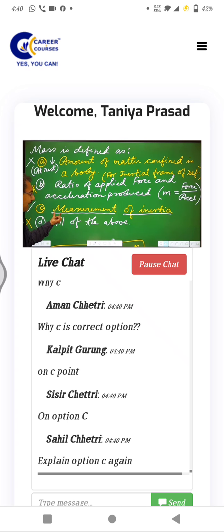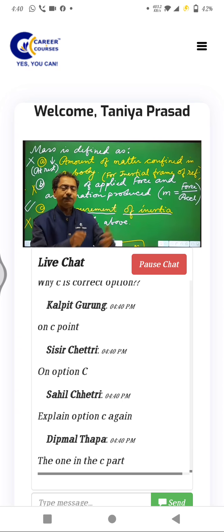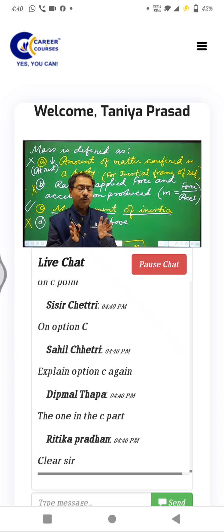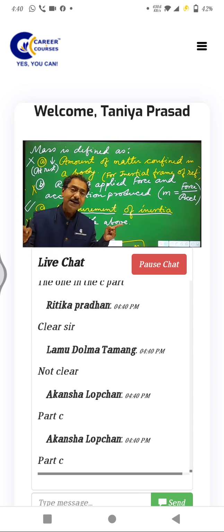In option C it is said, mass is the measurement of inertia of the body. It is something like this. When a force is applied over a body, whether the body will change its inertia or not, that depends upon the property of the body known as inertia or known as mass.